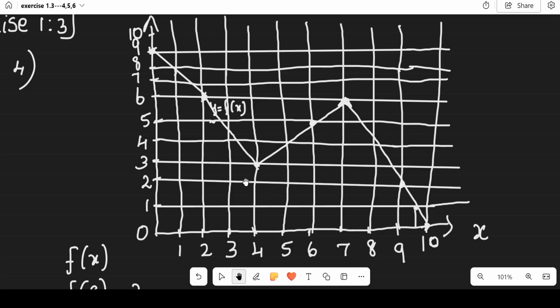Already I told you, these elements are the first set elements. These are second set elements. So we can say these are input values and these are output values. So in the domain concept, we have to write all the elements of the first set, but it should have the relation.